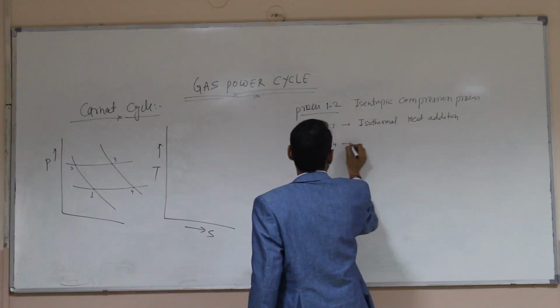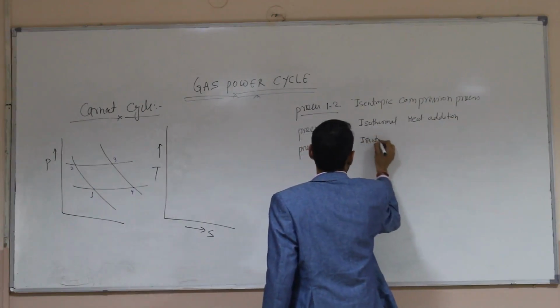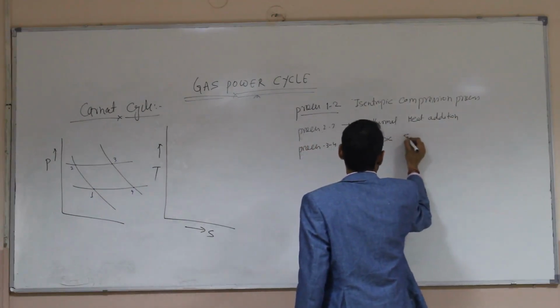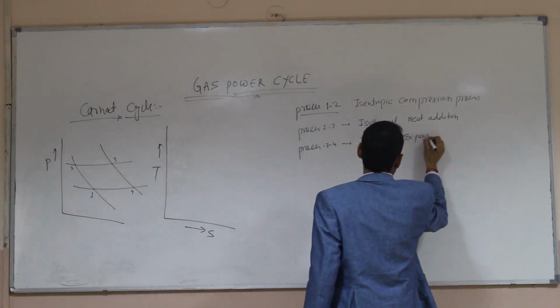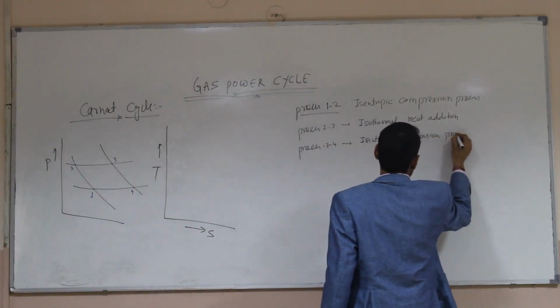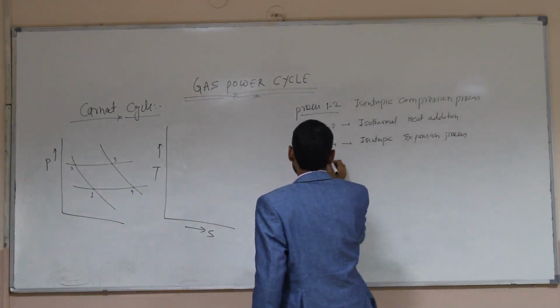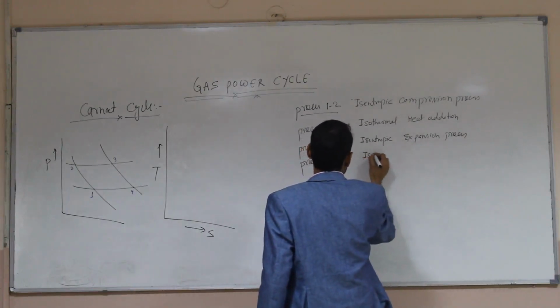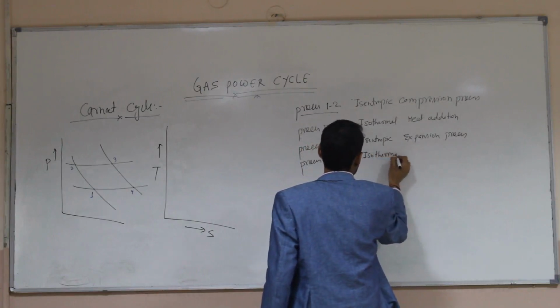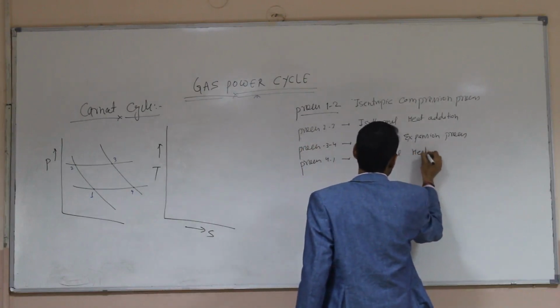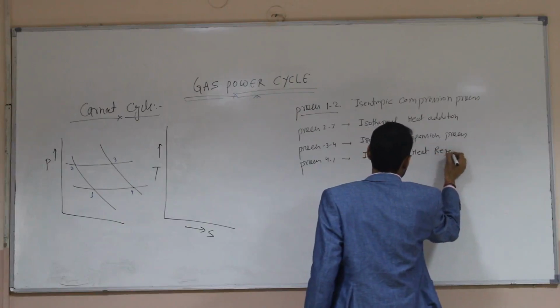Process 3 to 4 is isentropic expansion process. Process 4 to 1 is isothermal heat rejection.